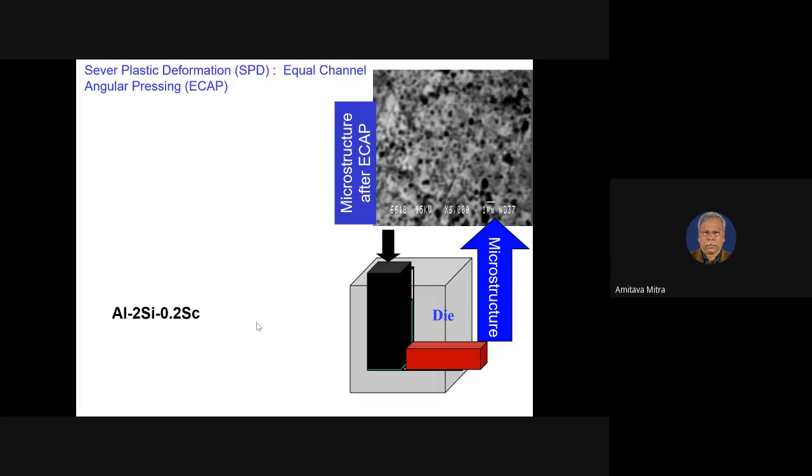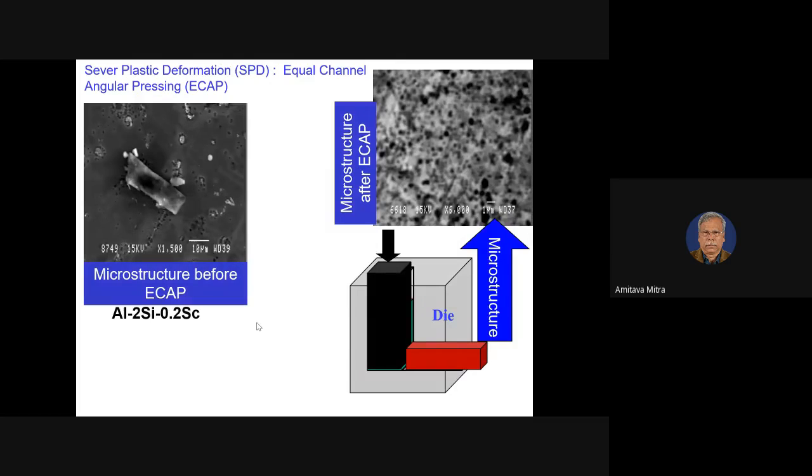This is the microstructure after ECAP, and this process can be repeated various times, so that at each stage there is a refinement of the microstructure, and this refinement goes to the nanoscale after a suitable number of passes through this channel.